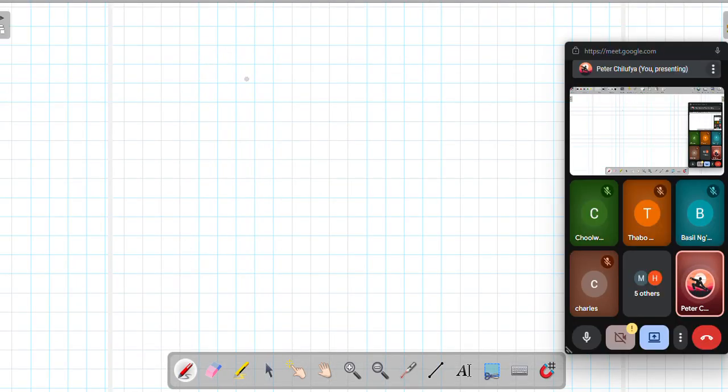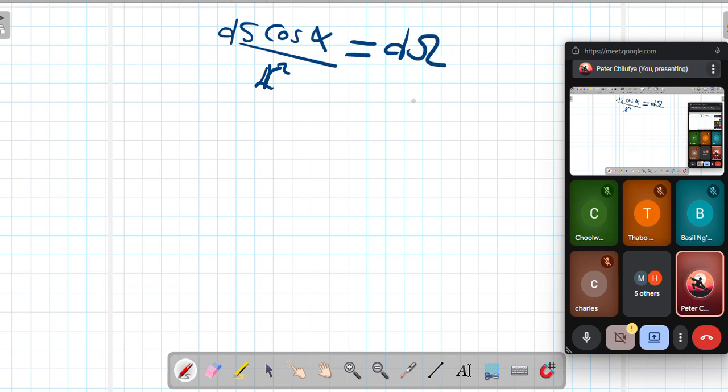If you remember, I taught you solid angle, but for now, from my observation, the only thing you need to see is this: if you see something like dS cos alpha over whatever is here squared, it can be L squared or R squared, just know that this is equivalent to the elementary solid angle.